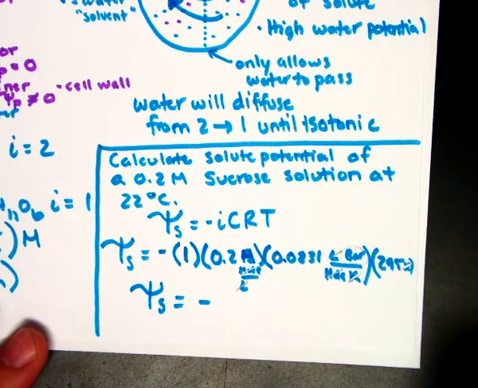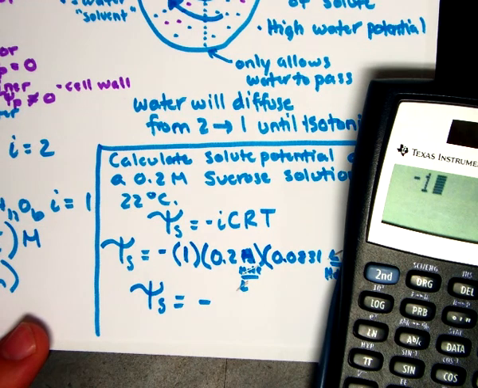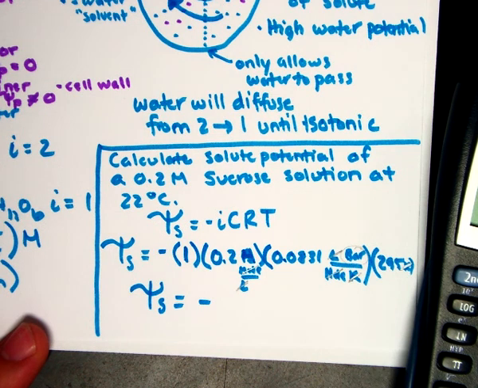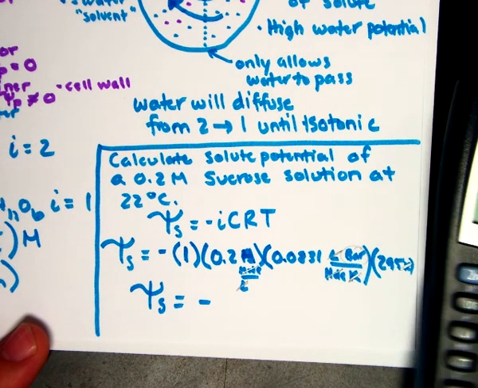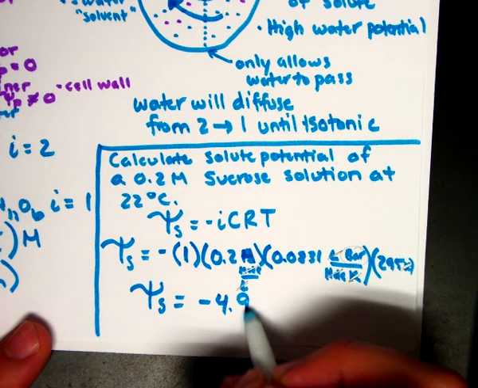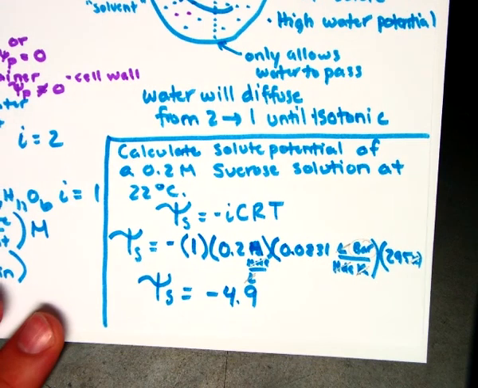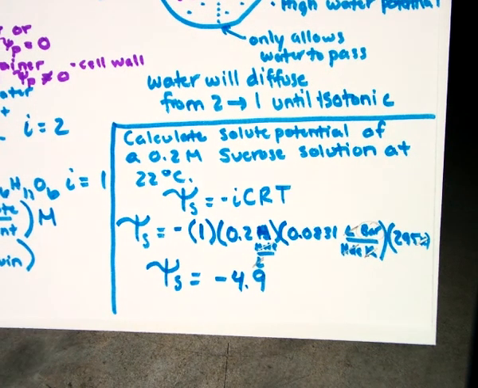Our psi value is negative 4.9. Okay. That's our solute potential, negative 4.9 for this particular solution.